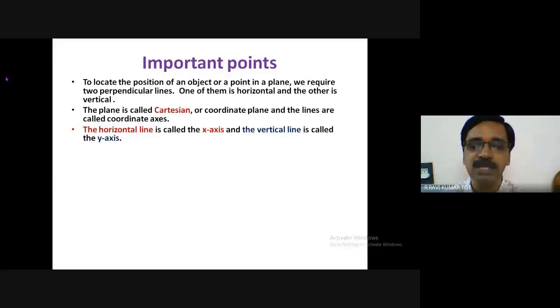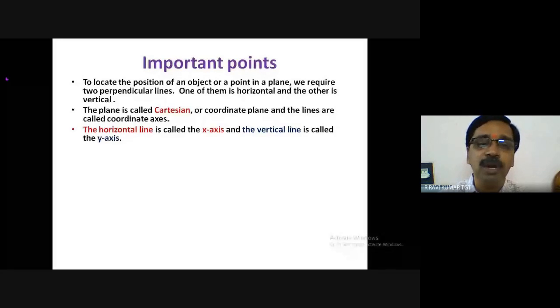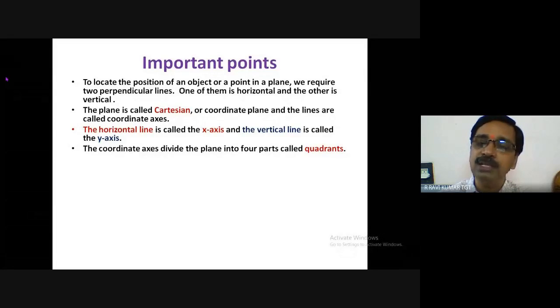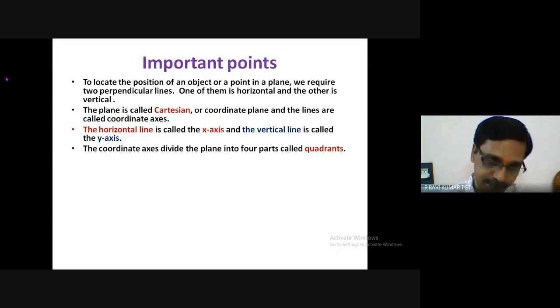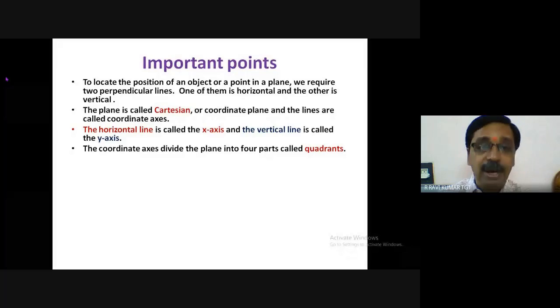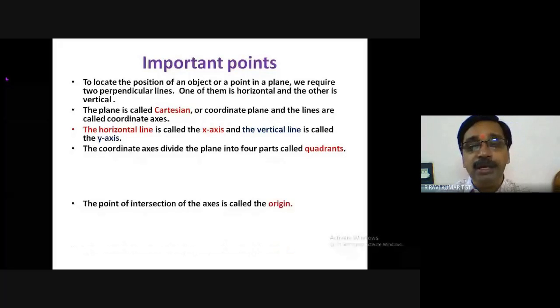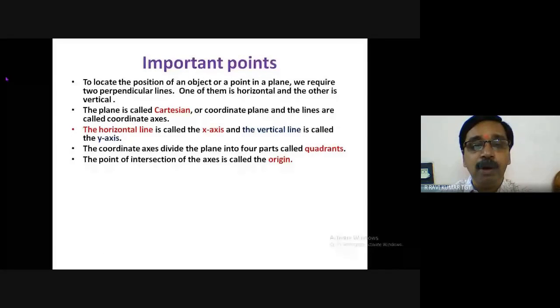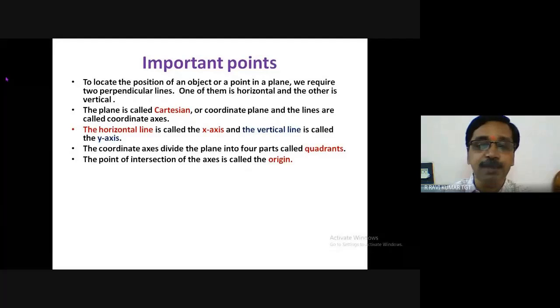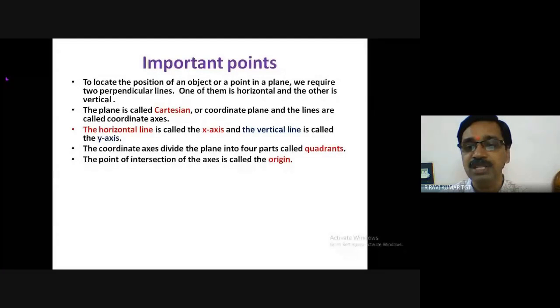You all know this. Once again, we are learning the points. Next, the coordinate axes divide the plane into four parts called quadrants. The coordinate axes intersect at a particular point. The point of intersection of the axes is the origin.